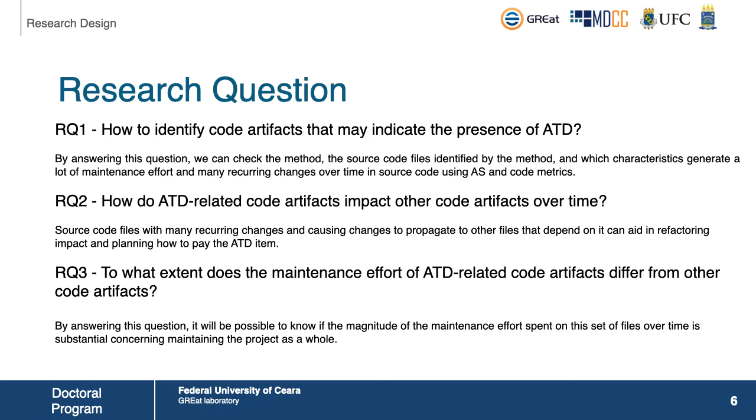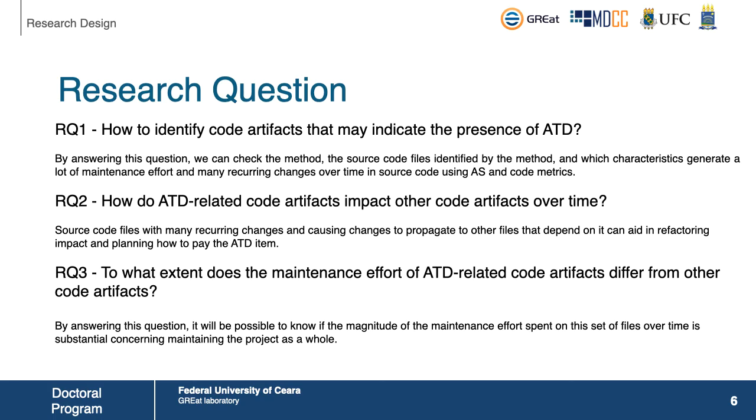The second one, how do ATD-related code artifacts impact other code artifacts over time? By answering this question, source code files with many recurrent changes and causing changes to propagate to other files that depend on it can aid in refactoring impact and planning how to pay the ATD item.